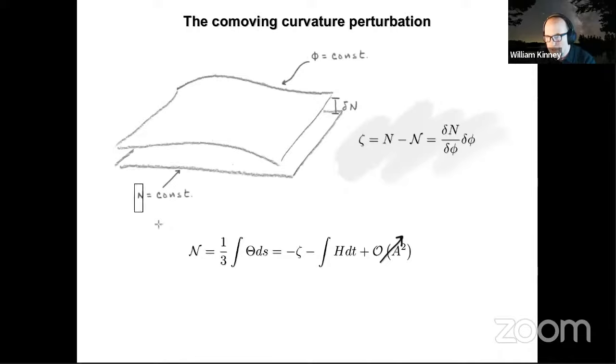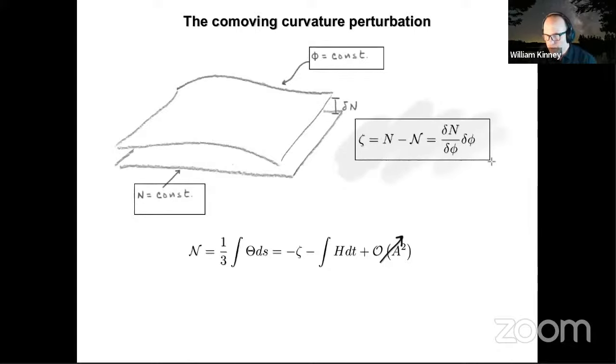On this hypersurface, the number of e-folds is a constant, but the field will be fluctuating due to quantum fluctuations. On this surface, I foliate it such that the field fluctuations are zero, but that means that the number of e-folds is going to fluctuate.